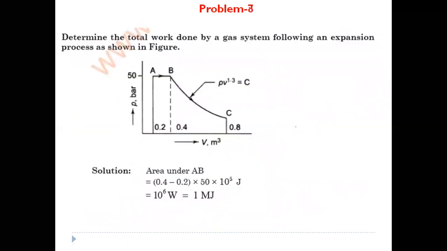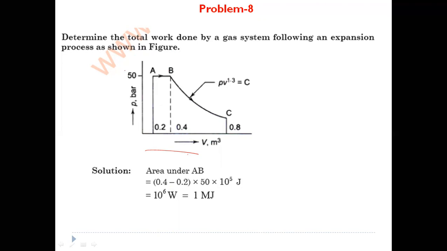Coming to the next problem, in some problems they may give the graph directly like this. Determine the total work done by a gas system following an expansion process as shown in the figure. We have to see the figure and calculate the net work done.